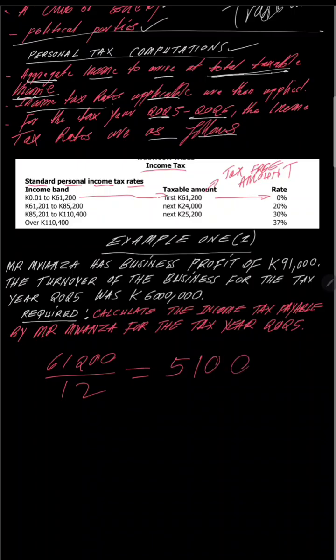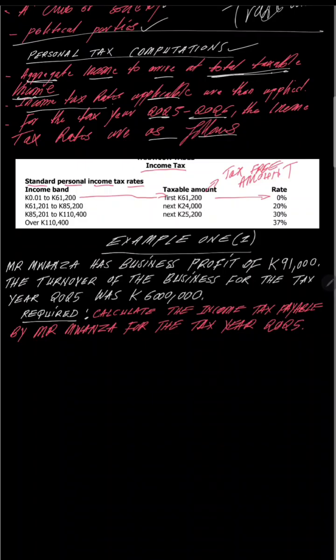So the tax-free amount for a month when you're looking at personal income tax computation is 5,100. If your income is between 0 to 5,100, it is taxed at 0%. In short, it is tax-free. There is no income tax charged on that amount.